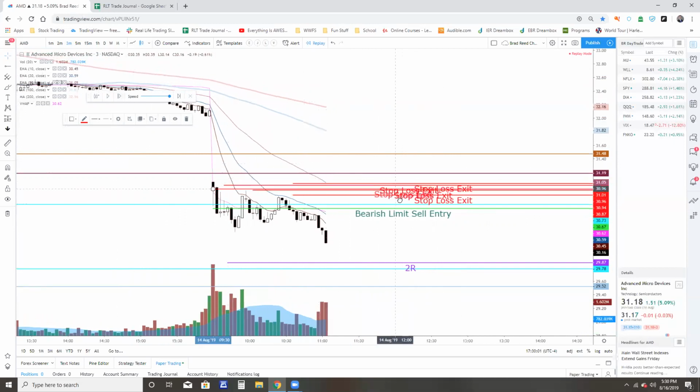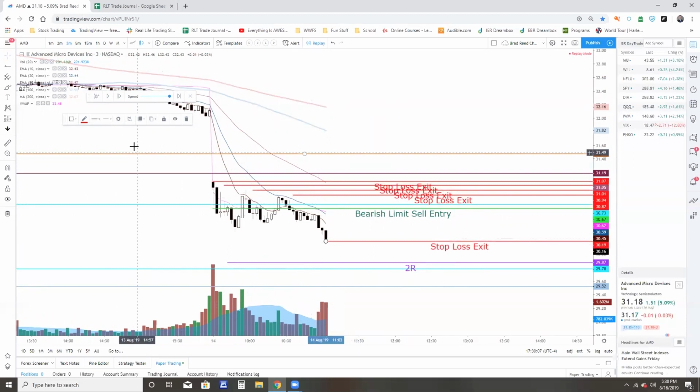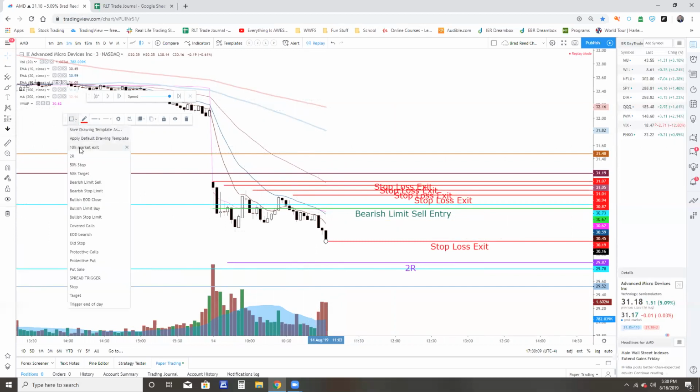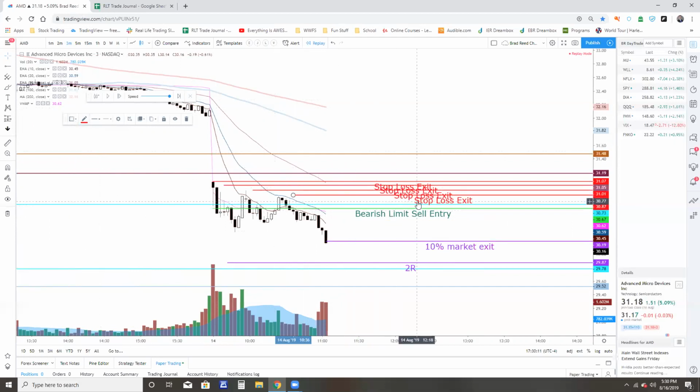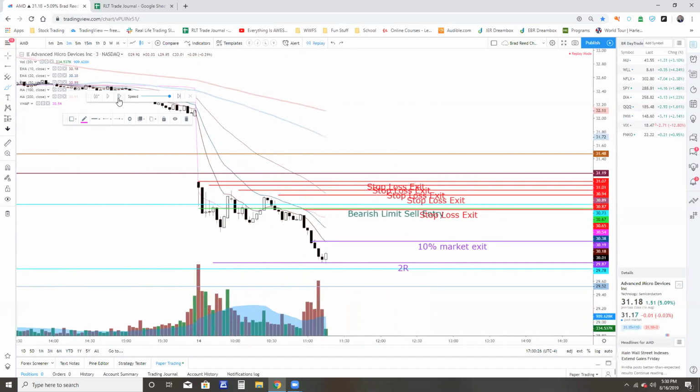So now I'm taking some kind of market exit there just to make sure that when I lower the stop to break even, if it reverses here and hits my stop, I at least get something. And there it goes down, and that's the candle that hit my target.